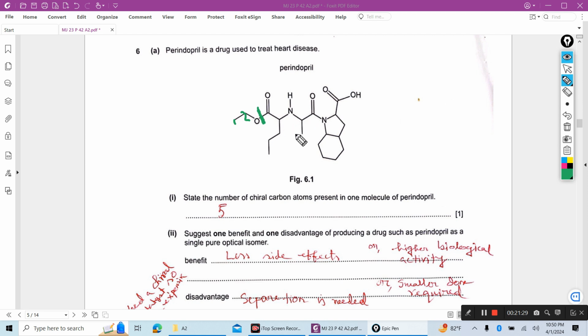Then here also hydrolysis, this part will be NH and COOH, this will be carboxylic acid. So this is 1 product, 2 product, remaining 3 product. Now you see the answer.